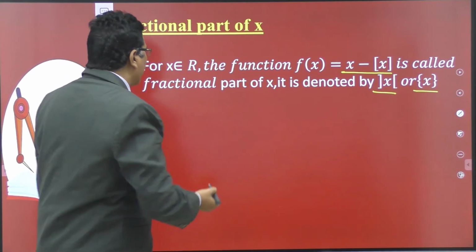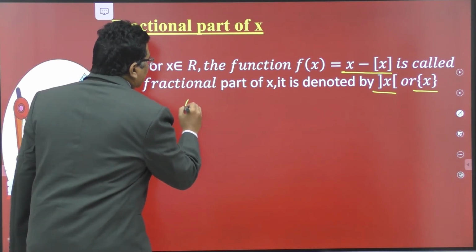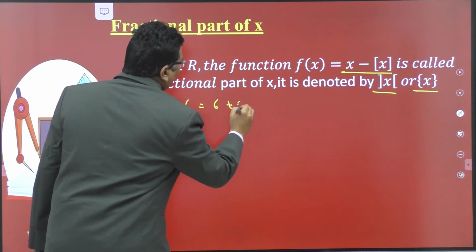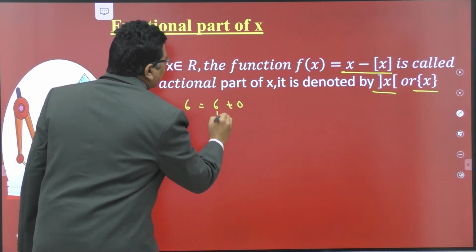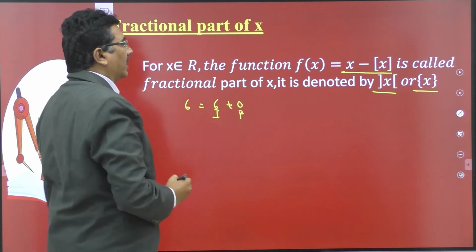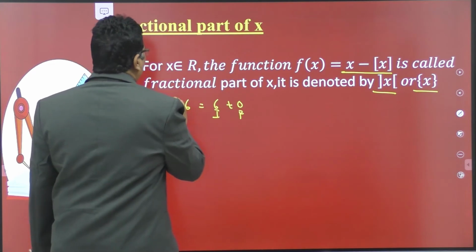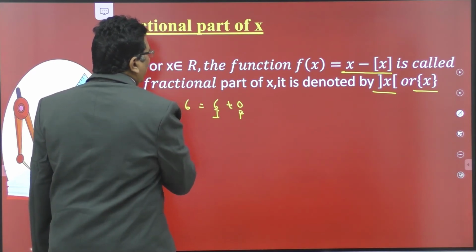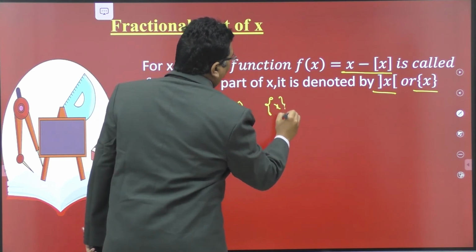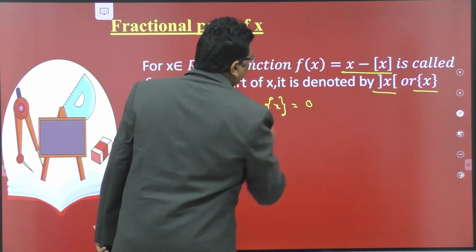Suppose we take the number 6, that is equal to 6 plus 0. Here this is the integral part and this is the fractional part. Here we want the fractional part of x, which is a number. The fractional part is denoted by this, and it is equal to 0.